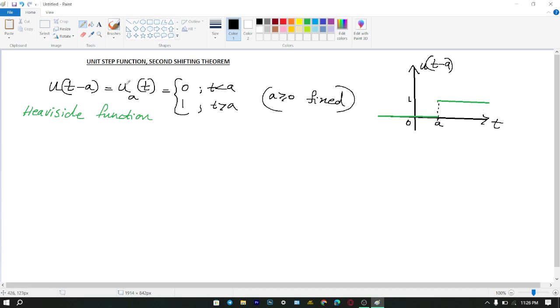Okay. Now let us move to the second shifting theorem. The statement is like this.